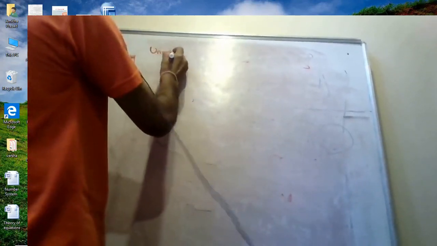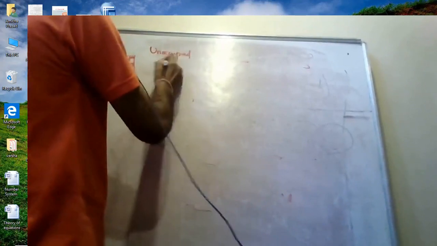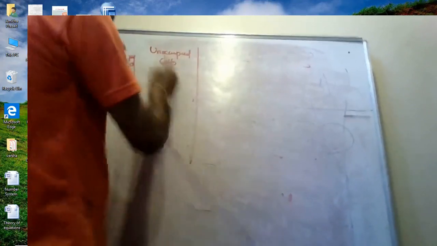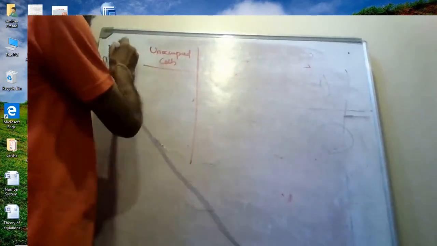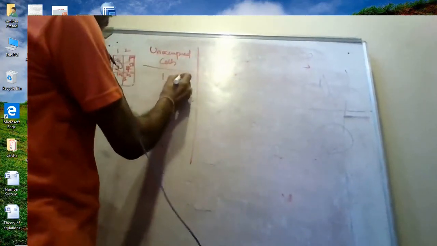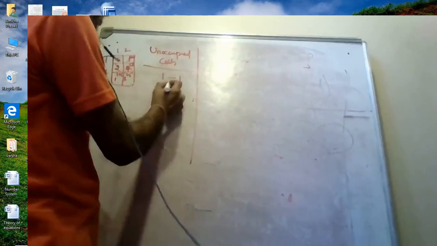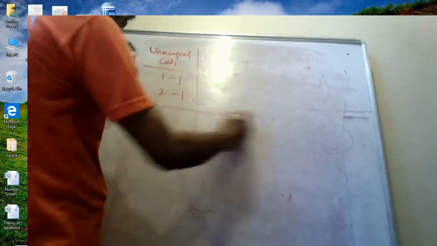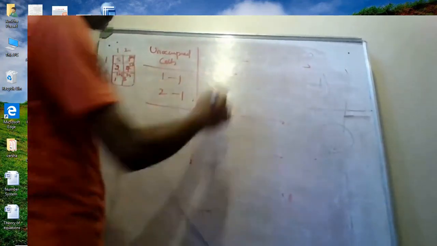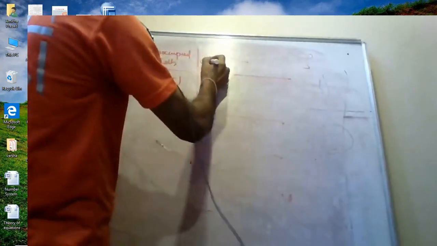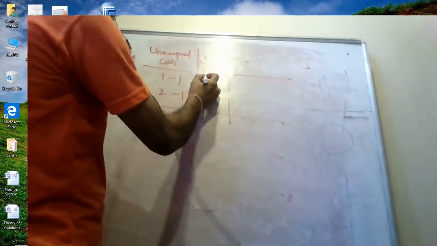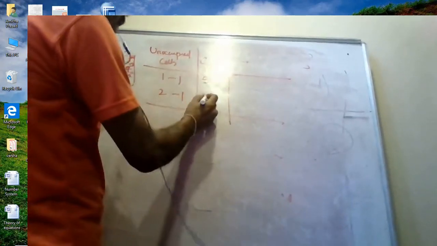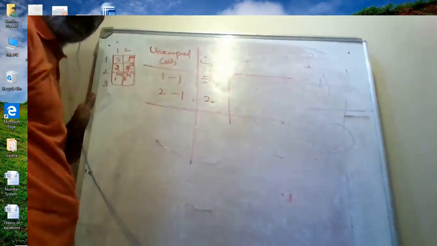Unoccupied cells. This is the last. Only 2 unoccupied cells. 1, 1. Okay. 2, 1. Next, Cij. That is 5, 2. Cost, which is given in the original problem.